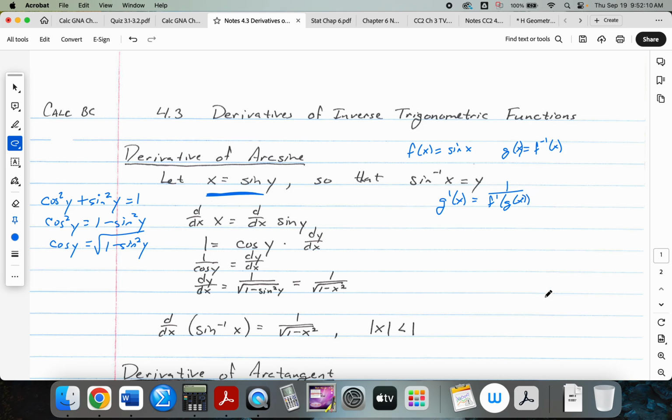That's the derivative rule for inverse functions. The derivative of f is the cosine, so it's going to be 1 over the cosine of the sine inverse of x.